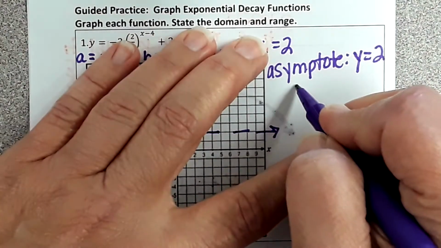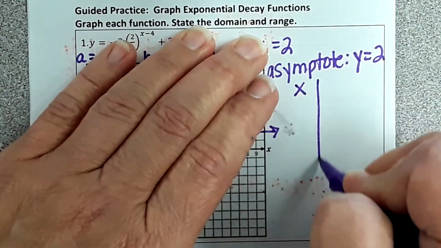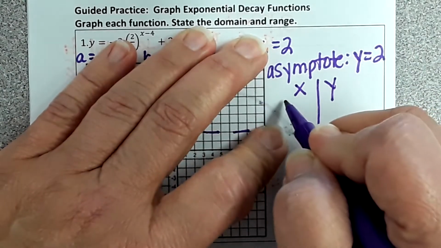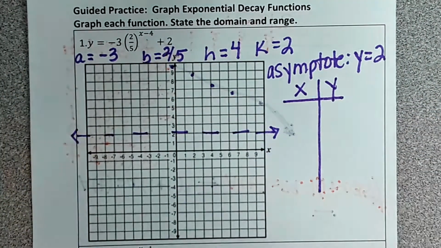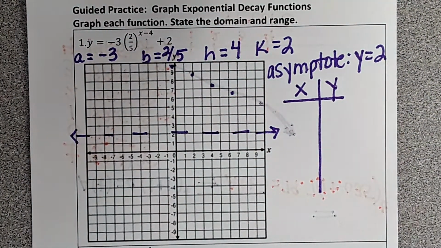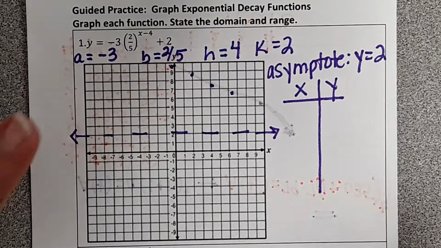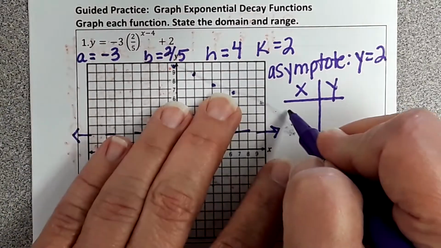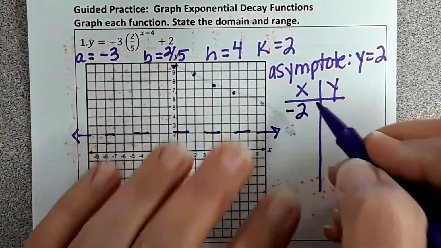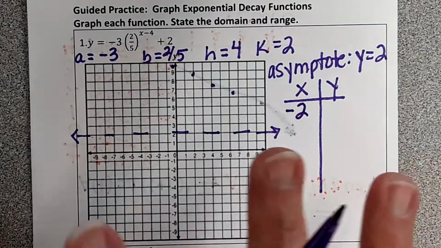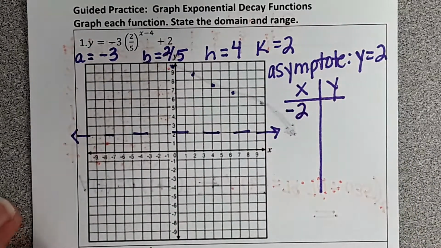So we're going to make a chart. Yesterday, I told you to start with the Fab 5. And the Fab 5 are -2, -1, 0, 1, and 2. Sometimes when you start with those, things don't go the way you want them to. So before I write everything, I'm just going to start with -2 and see how it affects this problem.